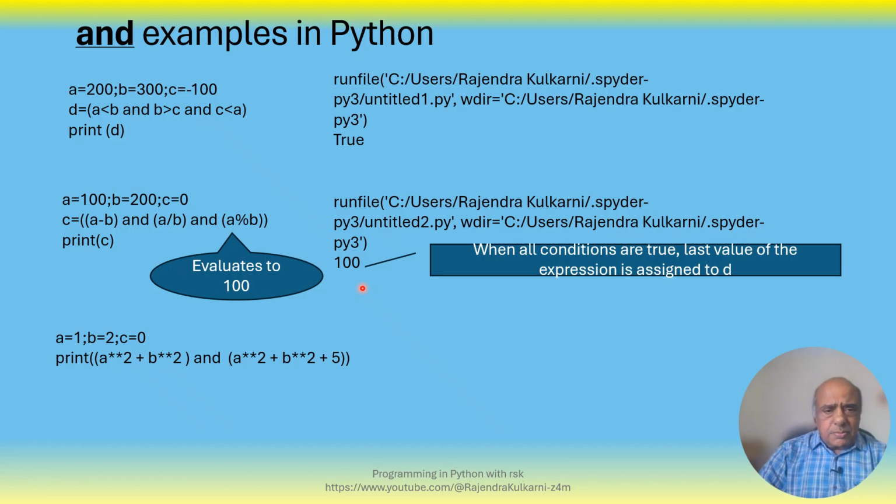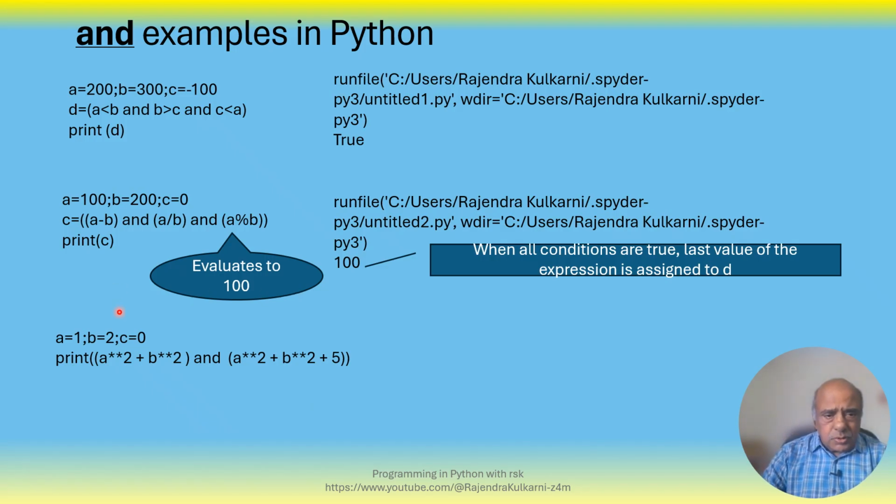Another, we are using a mathematical expression again. In this case, a is 1, b is 2, c is 0. Print a raised to 2 plus b raised to 2. How much will that be? That will be 1 plus 4, 5, and with another mathematical expression, a raised to 2 plus b raised to 2 plus 5. So a raised to 2 is 1, b raised to 2 is 4, plus 5, so this will evaluate to 10.